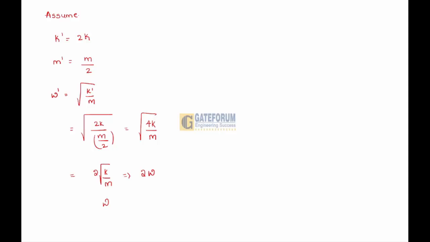What happens to omega dash? Under root k dash by m dash, and that will be root of 2k by m by 2, which will be root 4k by m. That will be 2 root k by m, which I'll write as 2 times omega, because omega is under root k by m. Simple. I gave you that at the starting itself, right?